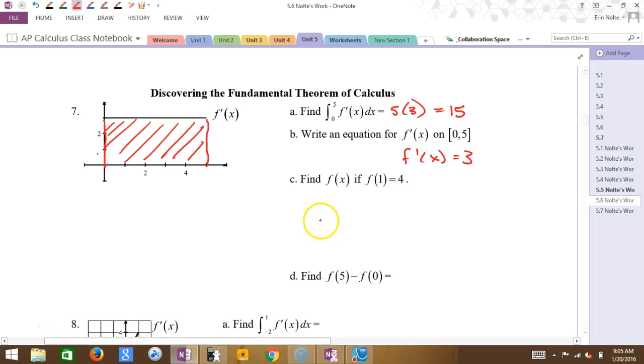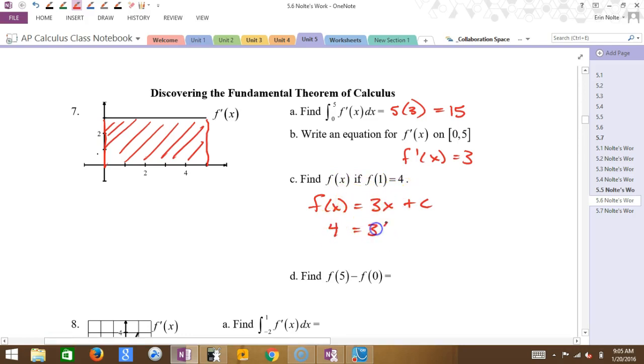What is the integral of 3? 3x. And then what do I need to add on the end? Plus c. Now what are we going to do with that extra information that they gave us, the 1 and the 4? Good, we're going to find c. So 4 is going to be our f of x.